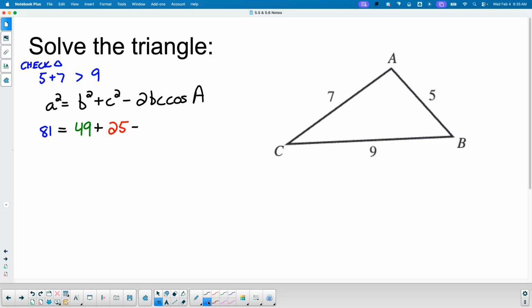So then this would be minus 70 cosine of A. 81 minus 49 is 32. Minus 25 is 7.